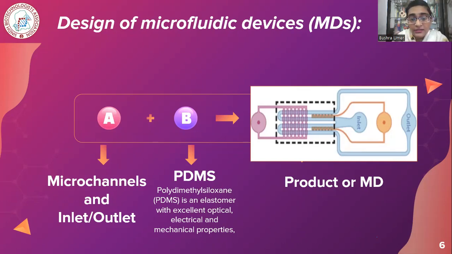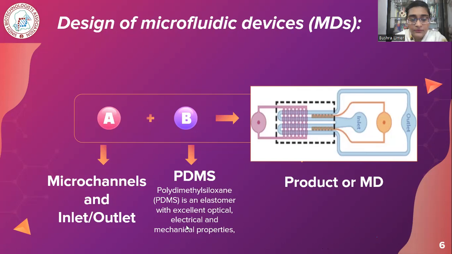And why do we use PDMS specifically? Because it is transparent, and this enables us to watch our experiment directly. I mean, there is no barrier in visualizing the experiment that is being performed. So this is also a beauty of microfluidics, that we can directly observe what's going on in a particular experiment.